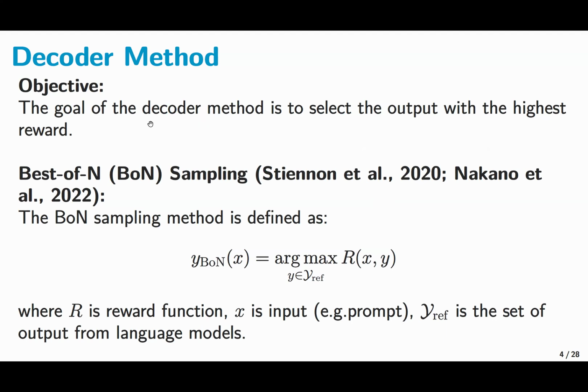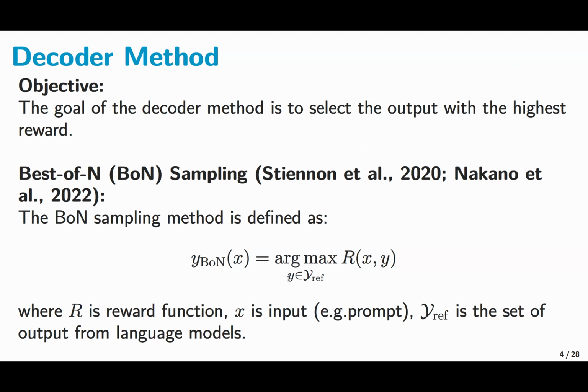The goal is to select the output with the highest reward. Best-of-N sampling is defined by this formulation. R is a reward function, X is a prompt, Y is an output based on the prompt, and Y_ref is a set of outputs from the language model.